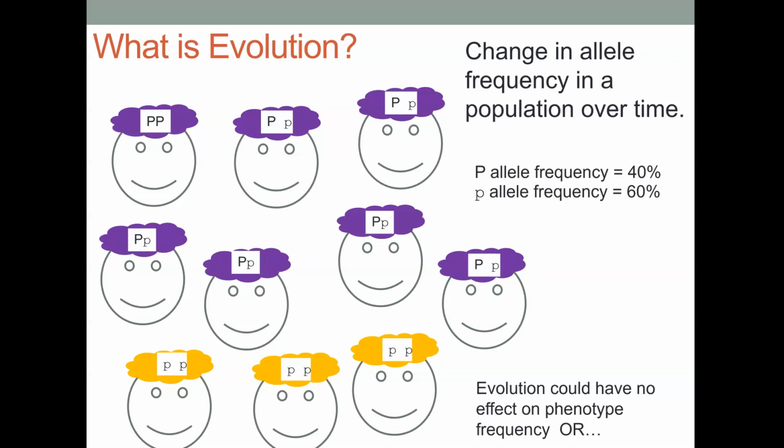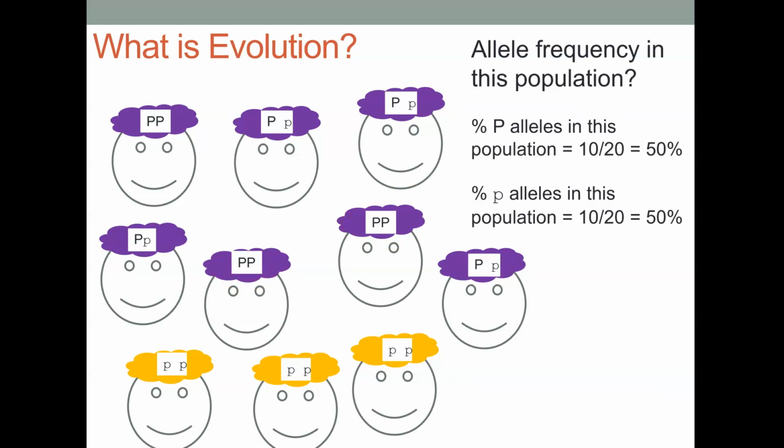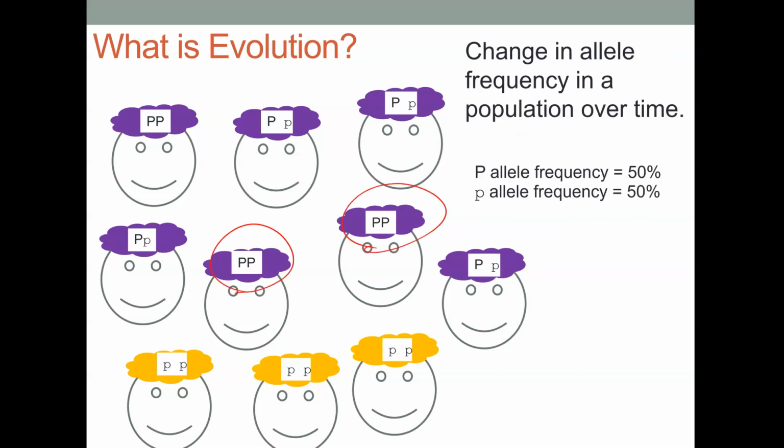So again, here's another common misconception with evolution, that we should be able to see the change. Notice that when we look at this difference here, we have a 50-50 allele distribution, and we have 7 of 10 with purple hair and 3 of 10 with yellow hair.